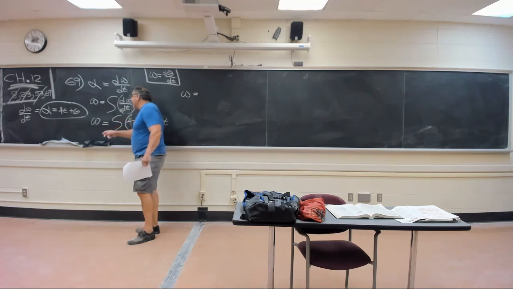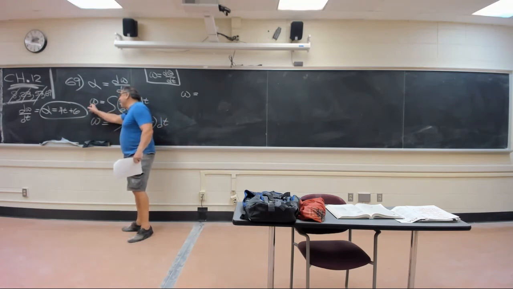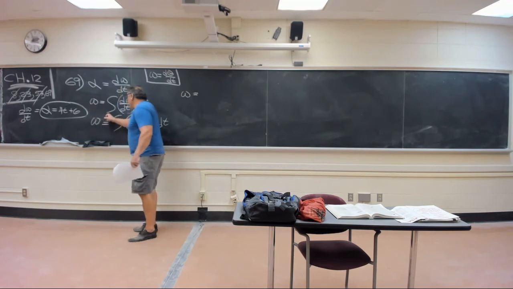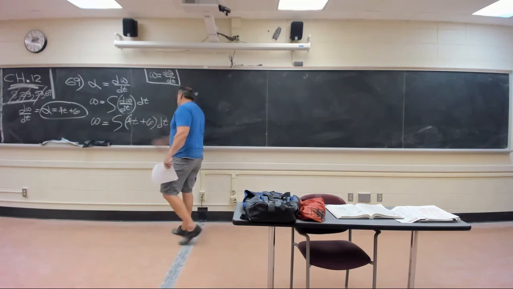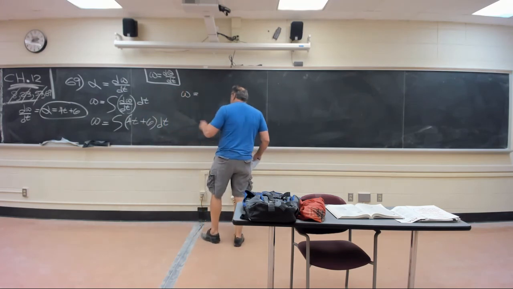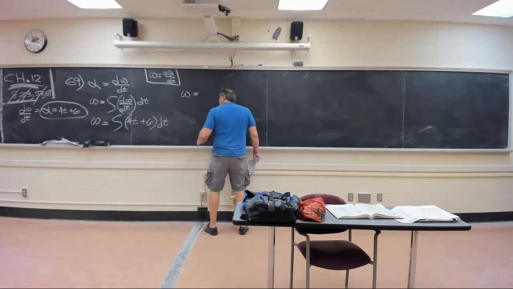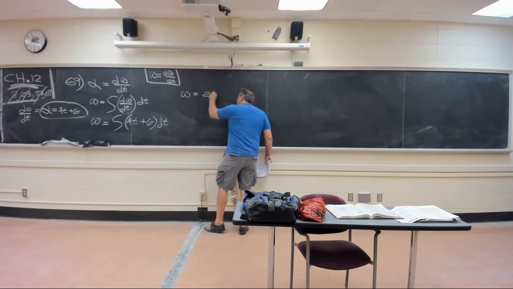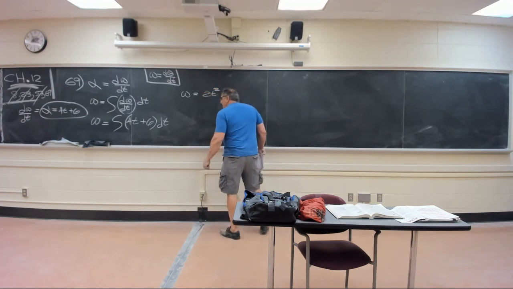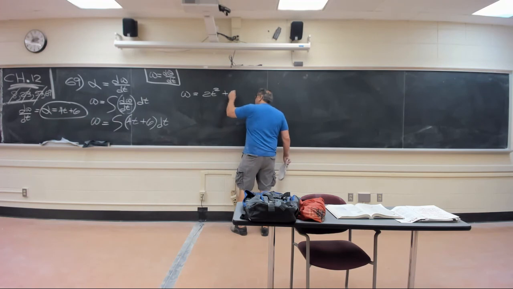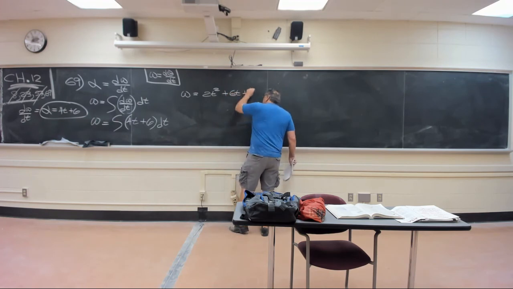This omega right here is really a delta omega, which is omega sub f minus omega sub i. The integral is from t sub i to t sub f, because you're integrating with respect to time. So be careful with that. Integrate 4t, you get 2t squared. Integrate 6, you get 6t plus c.